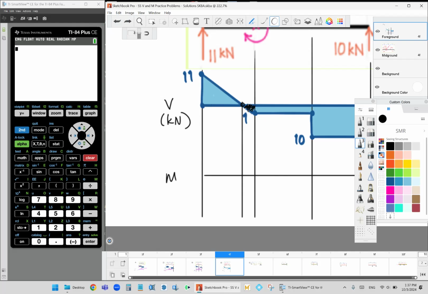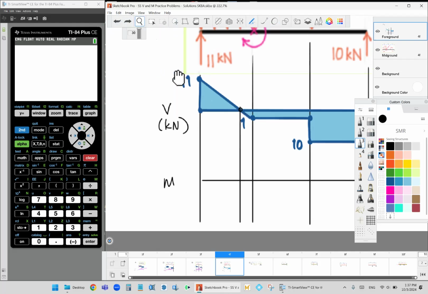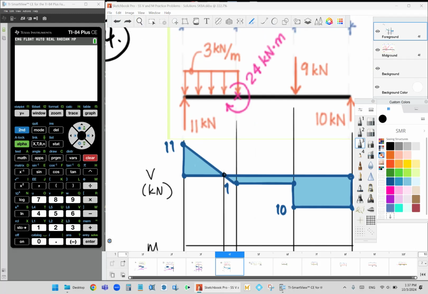I need to take this negative area and decrease my moment. So I need to determine what is this dimension from here to here, which I'm going to arbitrarily call x1, and what is this dimension, which I'm going to arbitrarily call x2.